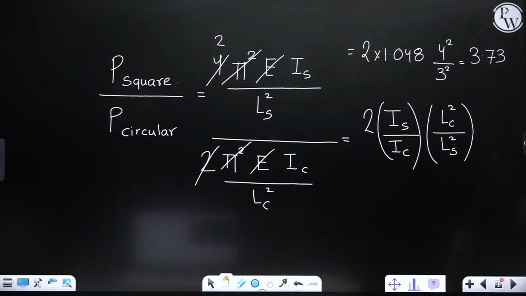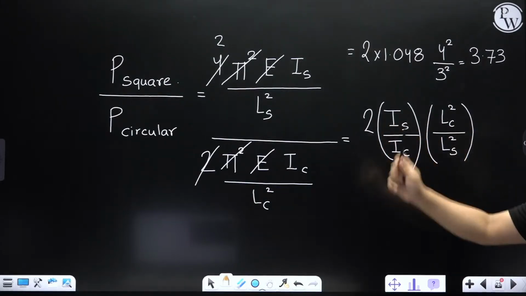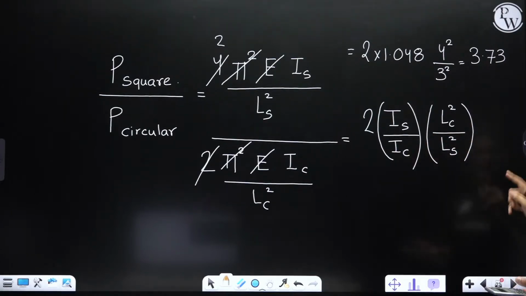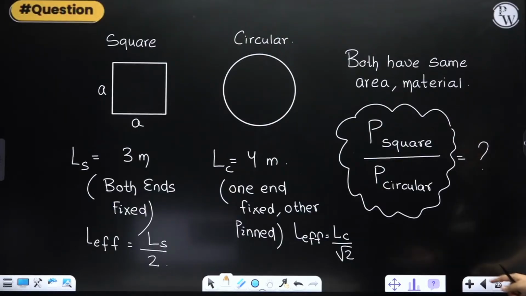So in the examination, many times they ask you such kinds of ratios. In ratios, a lot of things get cancelled, right? So LS square, LC square is 4 square.